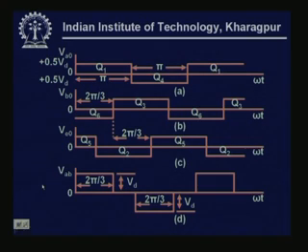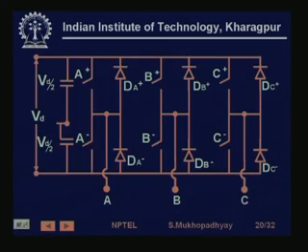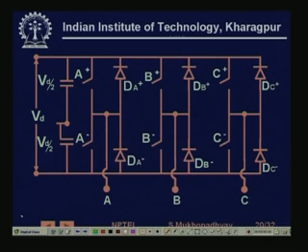Now you see that previously we have seen that if we switch on, say, this, immediately this goes to plus V. Suppose this is plus Vd, and this is 0.